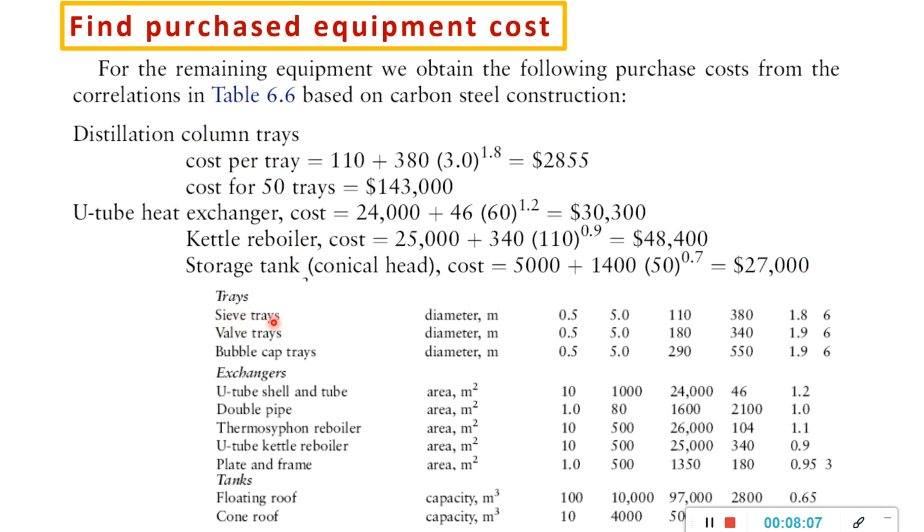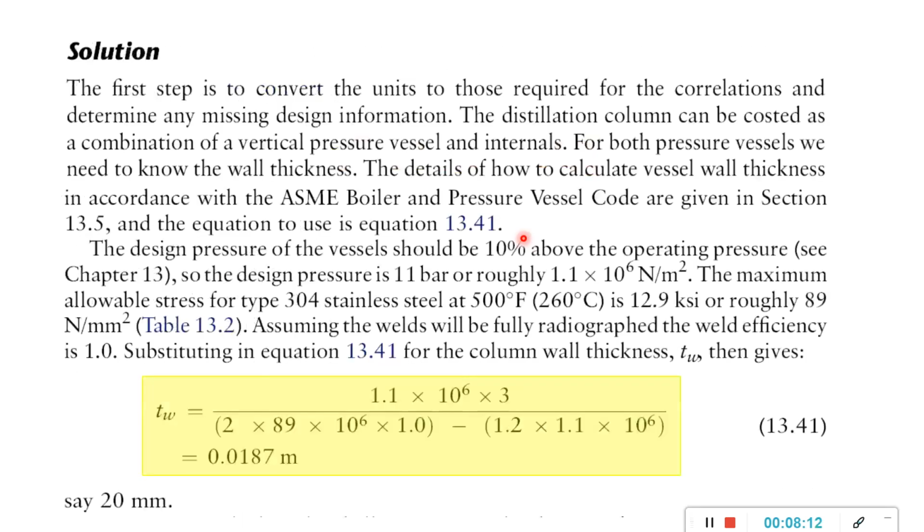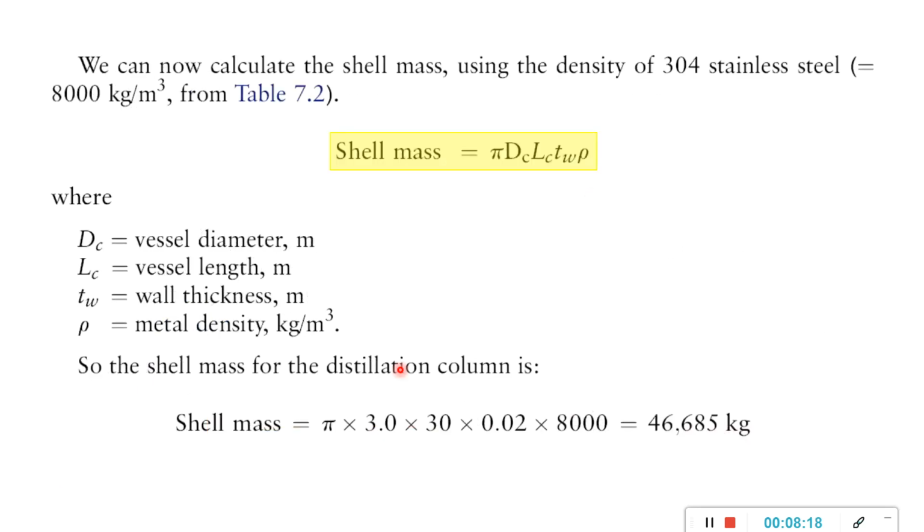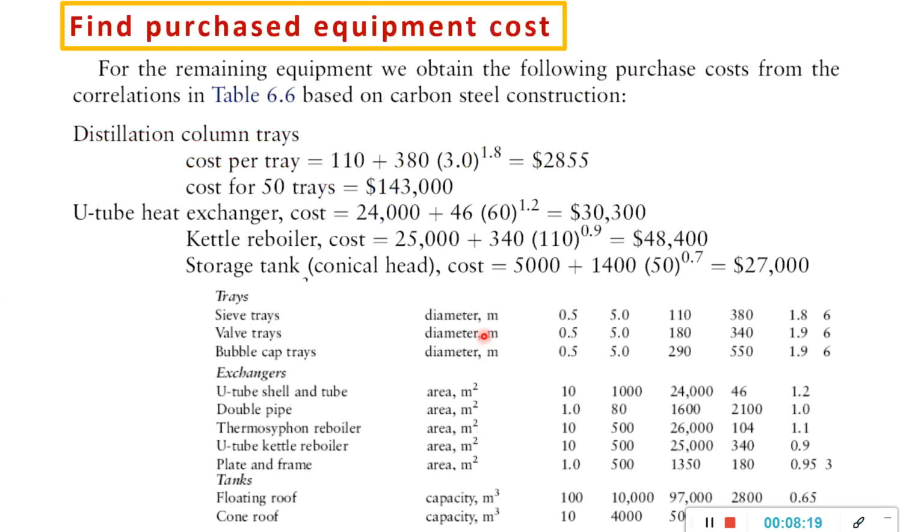Actually there's no problem for you to use valve tray or bubble cap, but we need to look at the description. Does it mention this? Yes, this one is for CF3, so that's why we use the value of CF3.